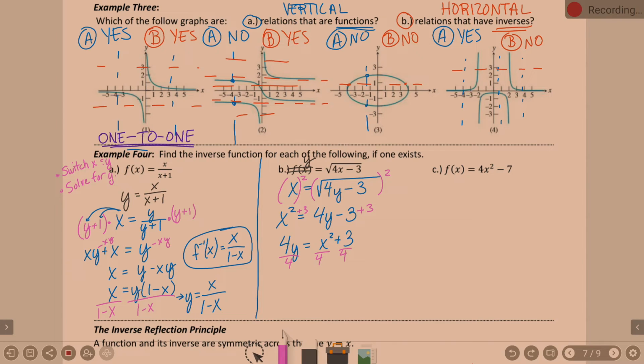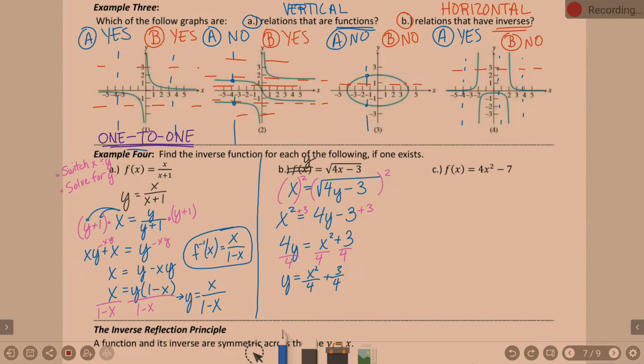Now, as we clean this up, the 4's cancel and we have y equals x squared over 4 plus 3 over 4. I can't clean those up anymore.